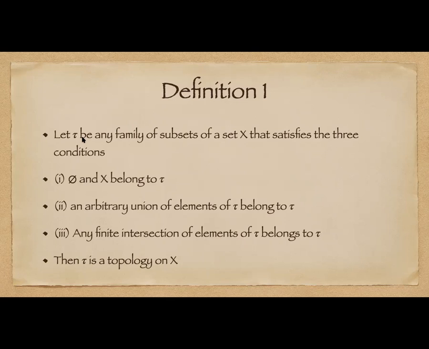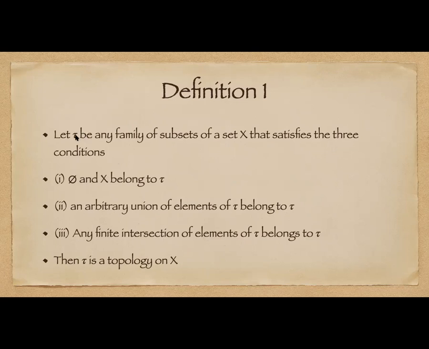It says, let tau be any family of subsets of a set X that satisfies the 3 conditions. The empty set and the entire set X belong to tau. An arbitrary union of elements of tau belongs to tau. Any finite intersection of elements of tau belongs to tau.